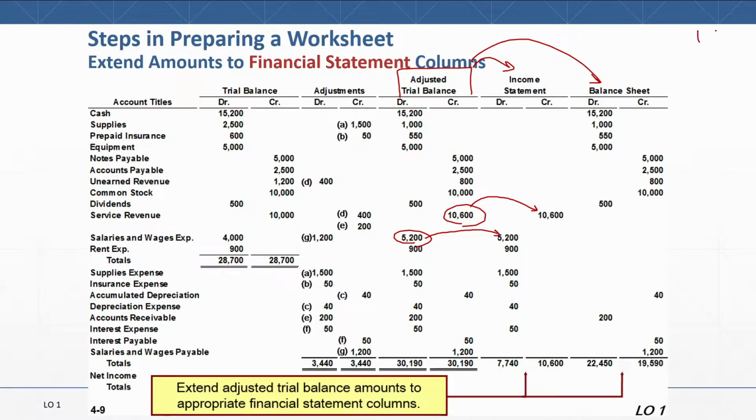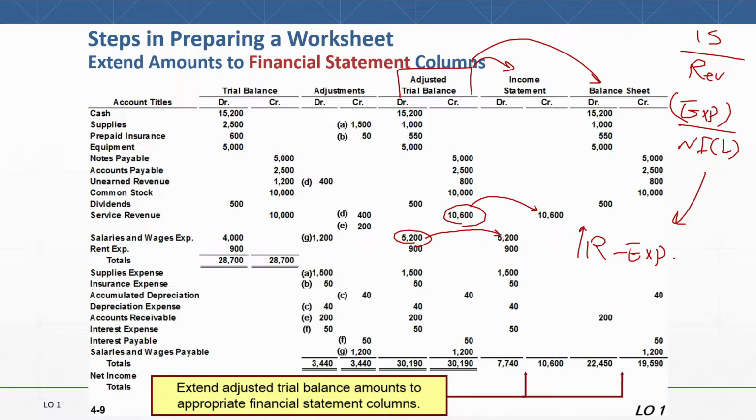As you know, the income statement reports revenues and expenses, and we deduct expenses from revenues, and the result is net income or net loss. Once again, as a reminder, revenue minus expenses. If revenue is more than expenses, the result is net income. But if expenses are more than revenues, the result is called net loss.